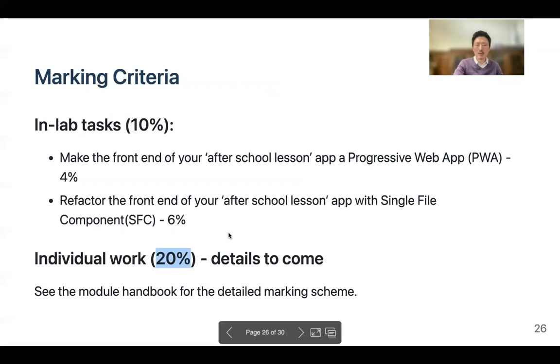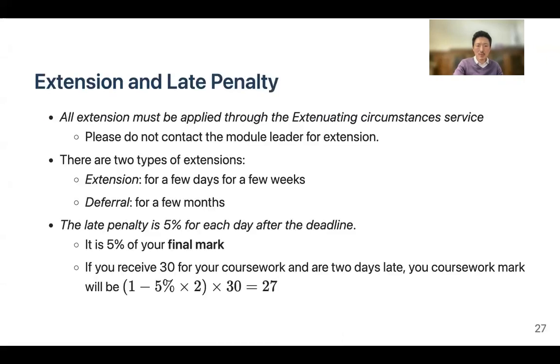It's not like that. So the way it works is, for example, if you get 30 for your coursework, and you are 2 days late, then your final mark would be 1 minus 5% times 2, so that's for the 2 days you are late. And so that gives you 10%.